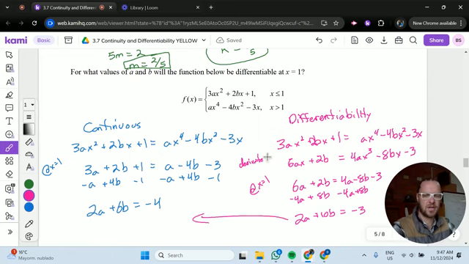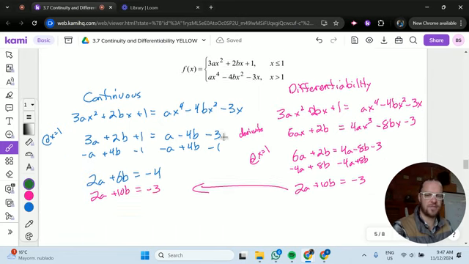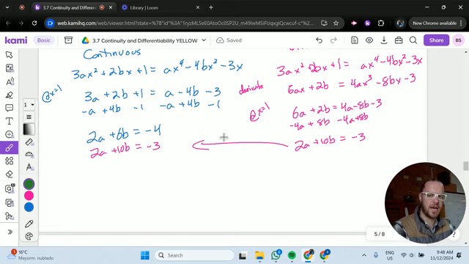And so now this is going to be easier to do elimination. Because if I have those two, it's easier for me to line them up and subtract because the a's are going to cancel, right? They're going to be 0. And then I'm going to get, let's see, 6 minus 10b will be negative 4b. Negative 4 minus negative 3 is going to be plus, nope, minus 1, sorry.